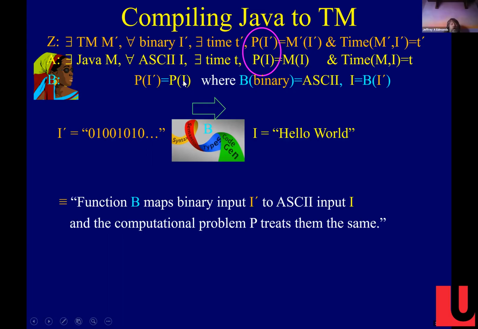Now for which inputs? For all inputs. This is saying you give me any binary input, I can take that binary input and translate it into an ASCII input, and the computational problem will require the same answer. Right?